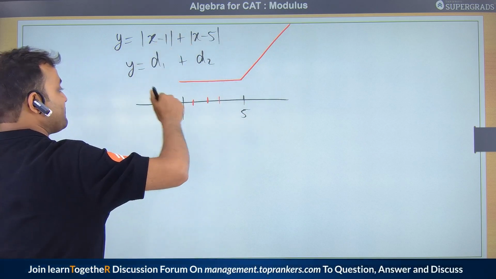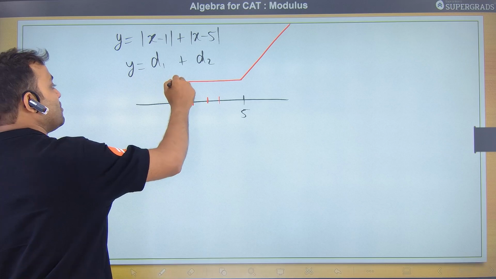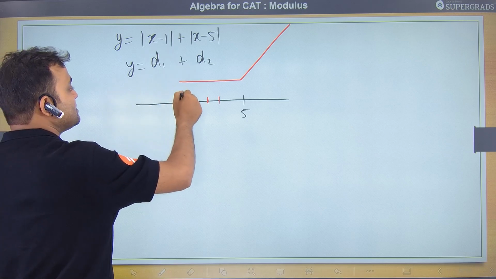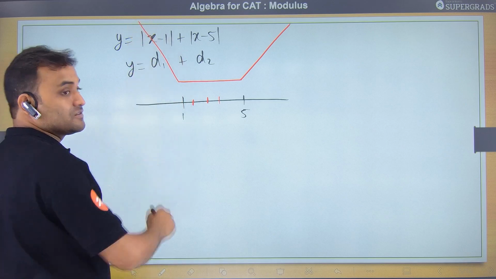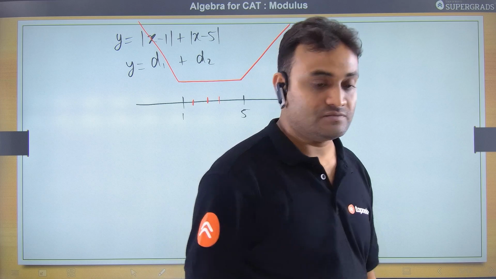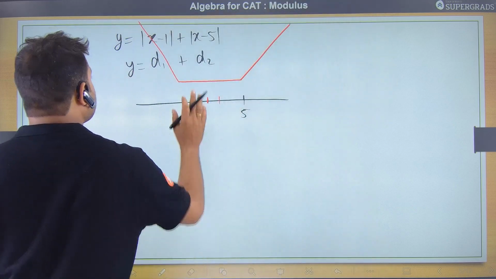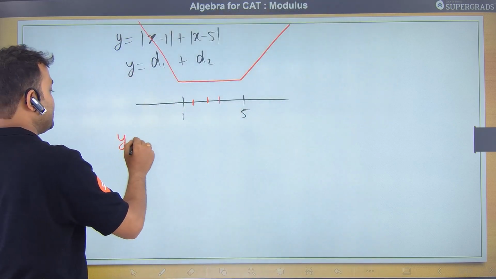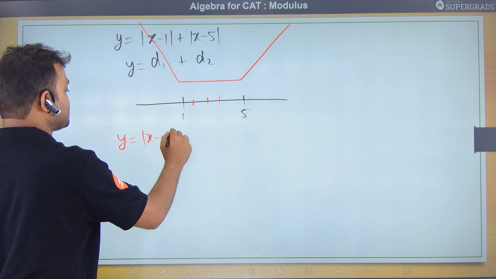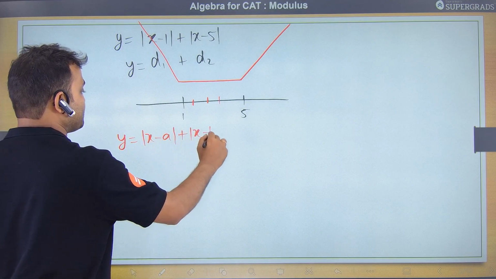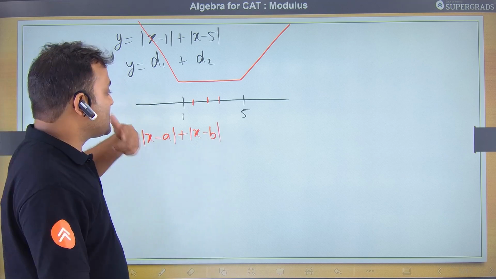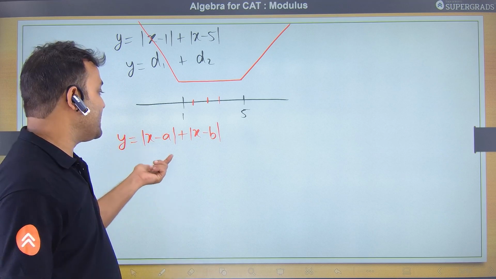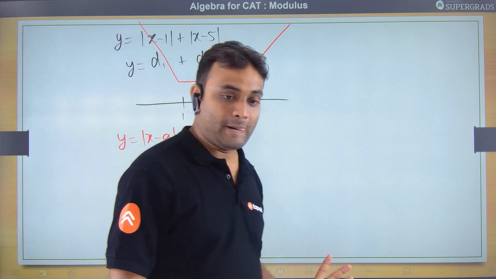Similarly, as soon as you go left of 1, decreasing the value of x, again it will go positive. So this is the graph of a typical mod of x minus a plus mod of x minus b. And again, this denotes the sum of distances of x from a and from b.